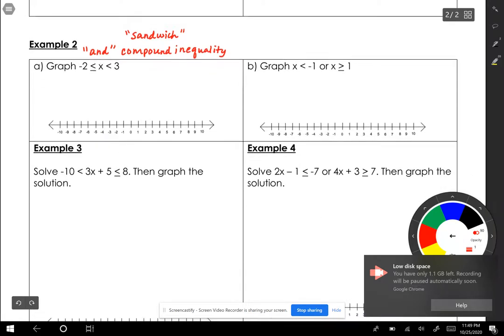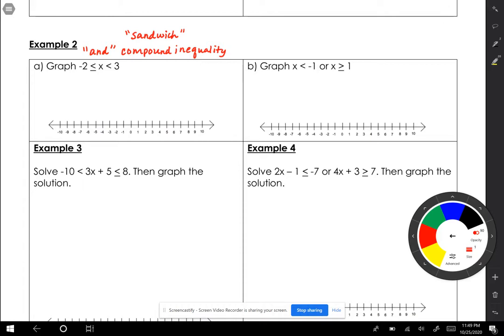You would want a closed circle at -2, because -2 is less than or equal to x, and x is less than 3. So that's how you say it. There's not a word and, but you would say it that way. And then you would put an open circle at 3. And then this is your graph, just sandwiched. The two endpoints are your boundary points.